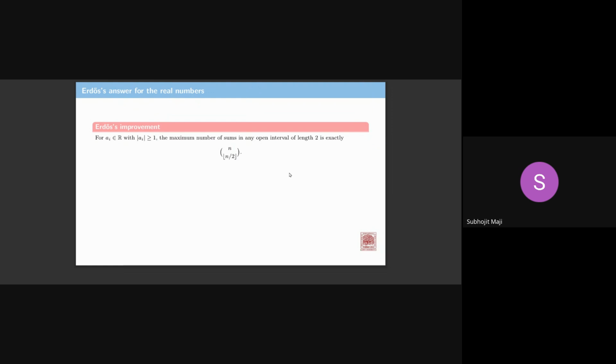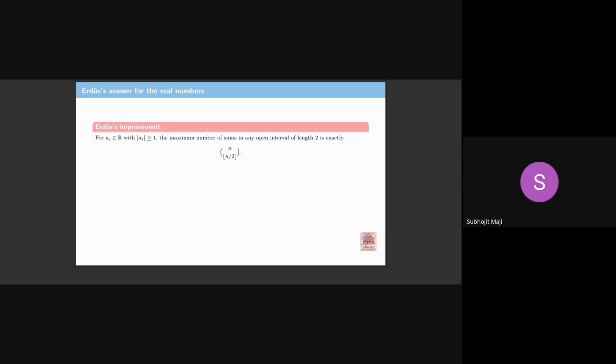If mod of a_i is greater than or equal to 1, the maximum number of sums that can happen in an interval of length 2 is exactly n choose n by 2. That is the greatest binomial term of the form n choose k.